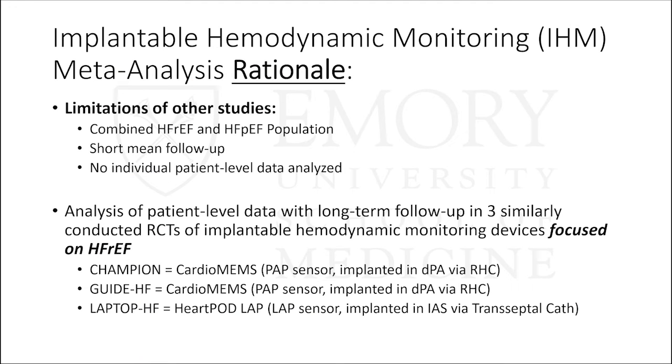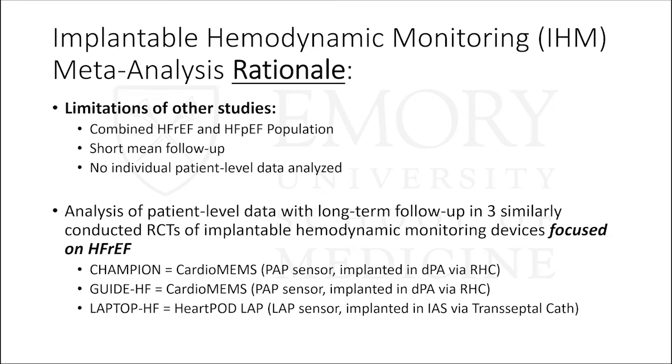As I said, over the past 2 decades, there have been many trials that have looked at these type of devices, and the more recent ones have been able to show heart failure hospitalization reduction. However, none have been able to show any benefit in mortality.